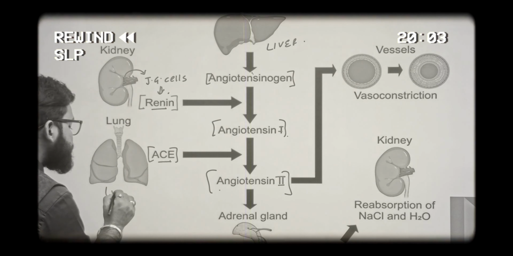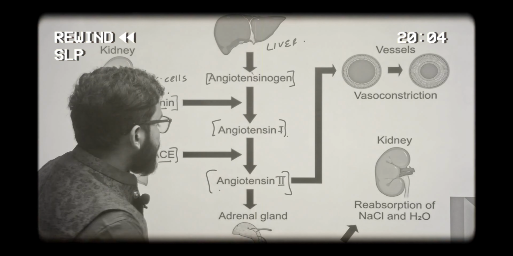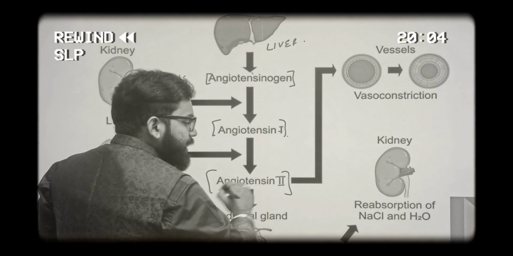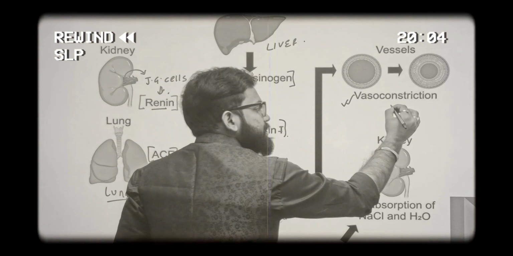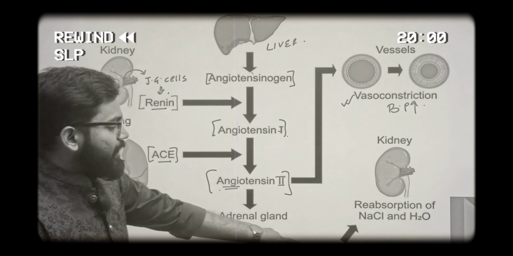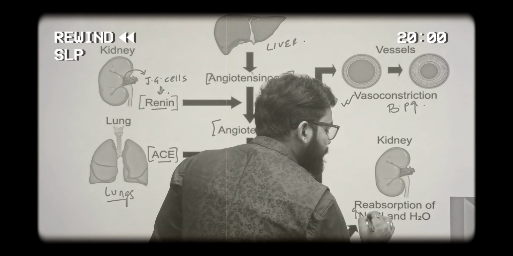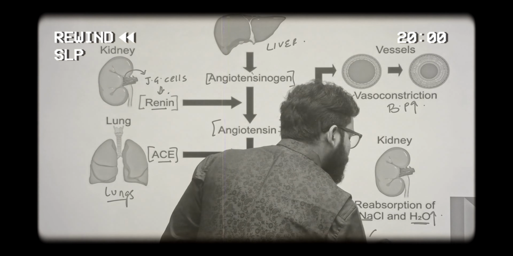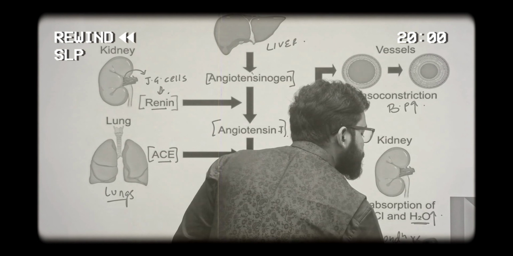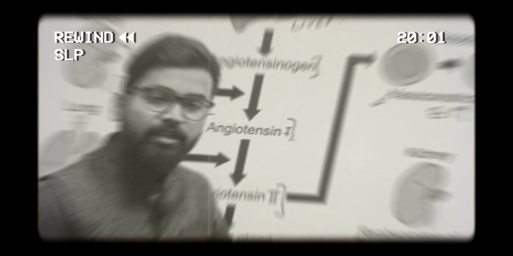This came from the lungs, the pneumocyte cells of lungs. This came from the hepatocyte cells of liver. This angiotensin 2 itself acts as a vasoconstrictor, that is, it increases the blood pressure, and also stimulates the adrenal gland that reabsorbs NaCl, that is sodium and chloride, and water. This is called conditional reabsorption, thus increasing the blood volume and the ionic concentration.